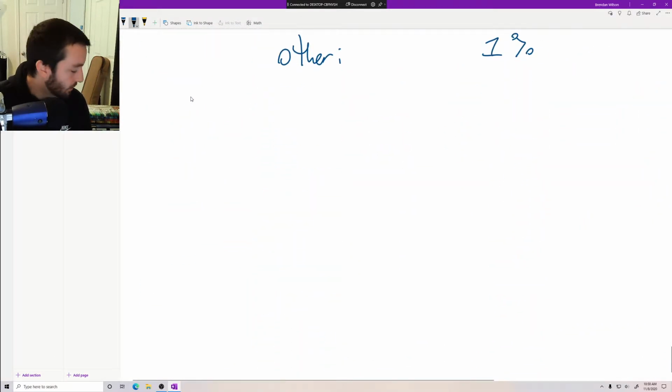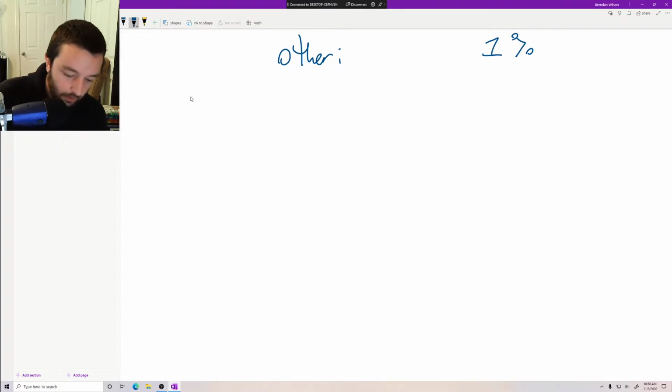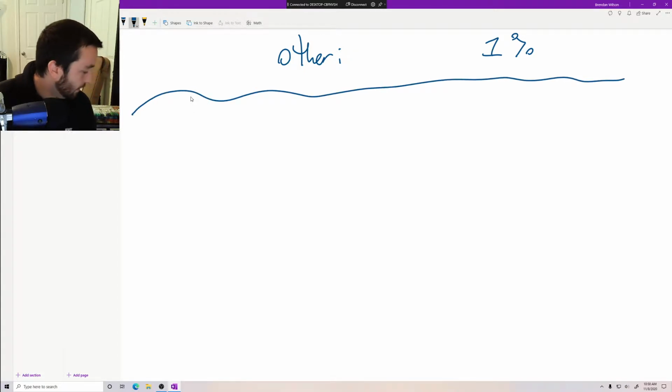Okay, so let's talk about these other two methods first. This one has kind of a long name: the plurality with elimination method.